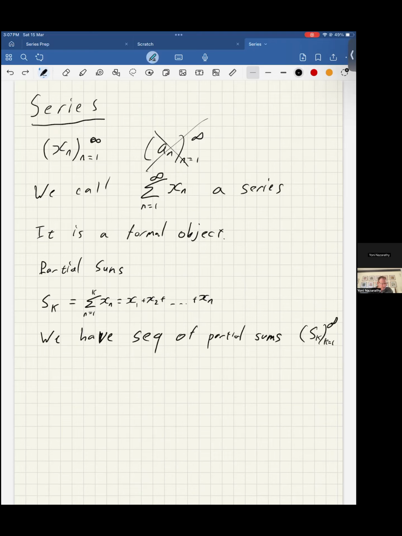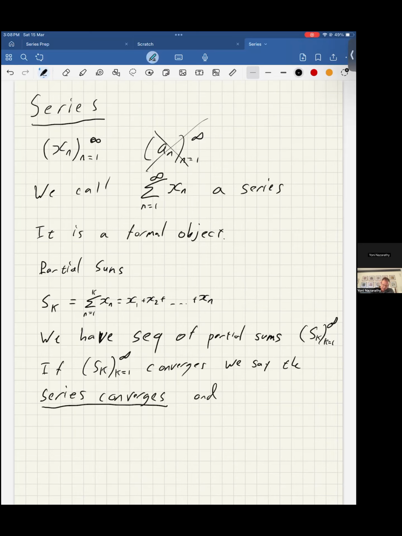It's the sum of those guys. And if S_k, k going 1 to infinity, converges, we say the series converges. That's what a converging series is. That's what it means when the series converges.